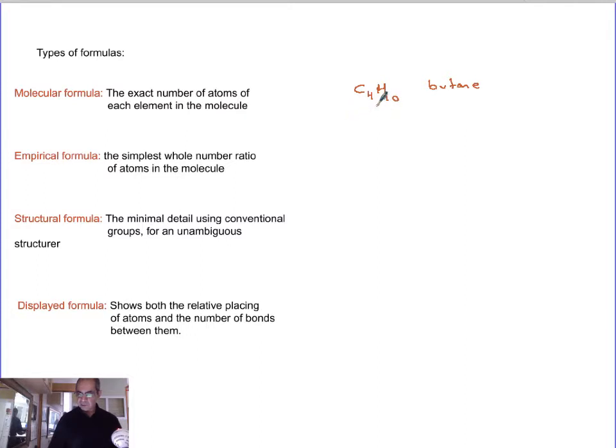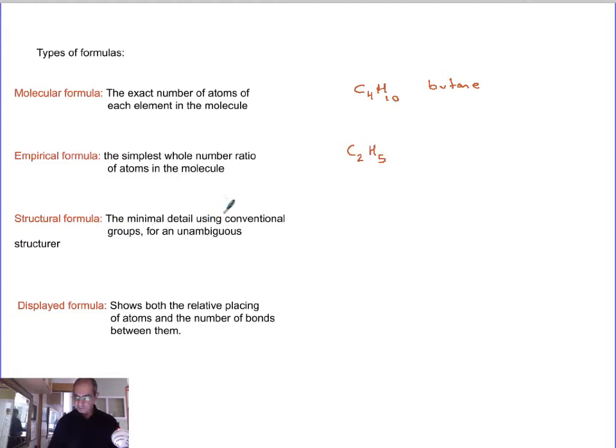Now if you simplify it into whole numbers, 4 and 10 are both divisible by 2, so it's C2H5. You have produced the empirical formula, which is the simplest whole number ratio. You cannot show it as C1H2.5. They have to be whole numbers. So this is the simplest, which is the empirical formula.